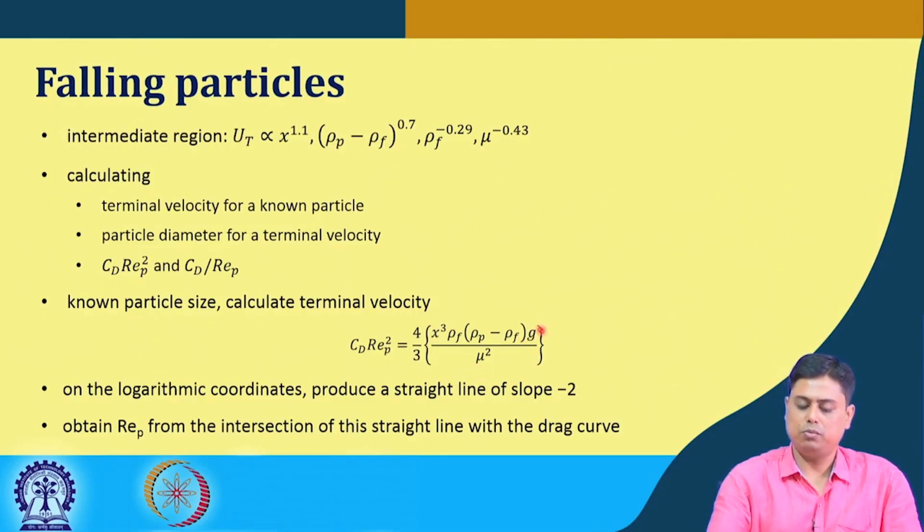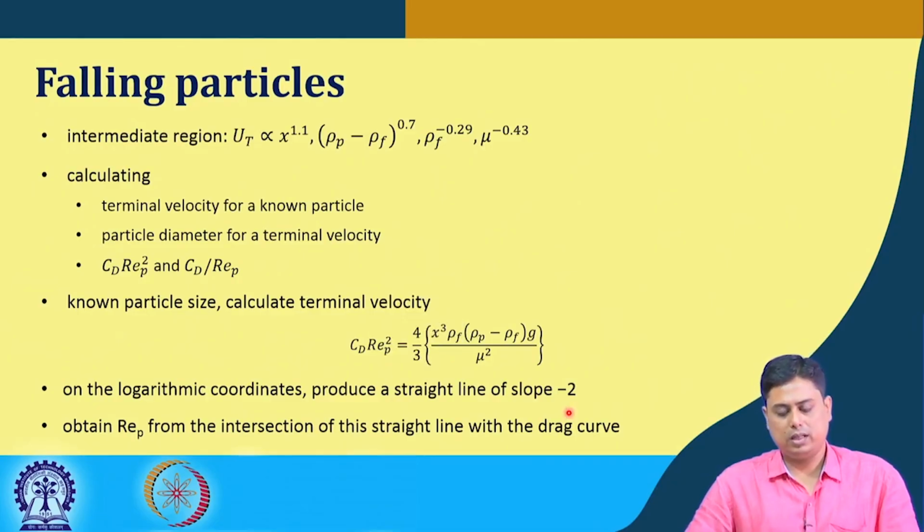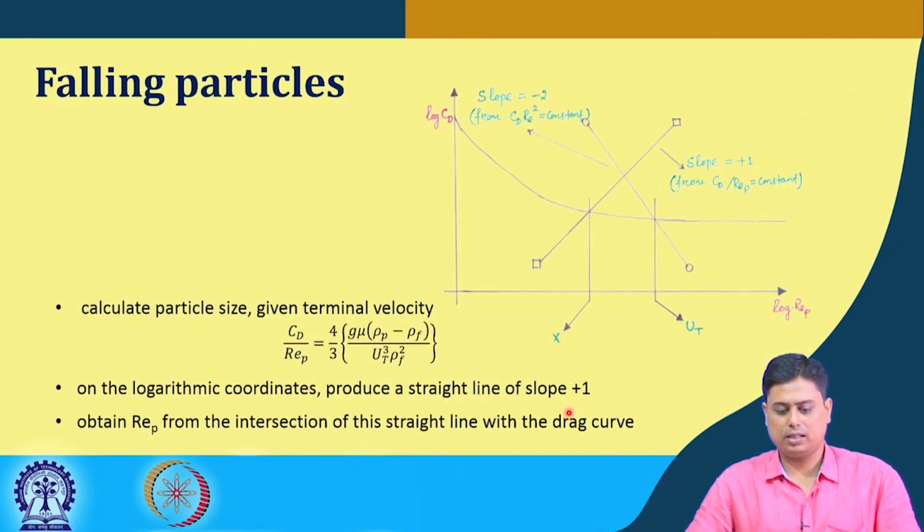So this parameter on a log scale, log CD versus log Rep, will produce a straight line of slope -2 that will intersect the standard drag curve, and from that we can estimate the particle Reynolds number. Once the particle Reynolds number is known, and all other physical properties are known, we can find out from the particle Reynolds number expression the terminal velocity for that given size particle. So we have seen this logic in the last class.